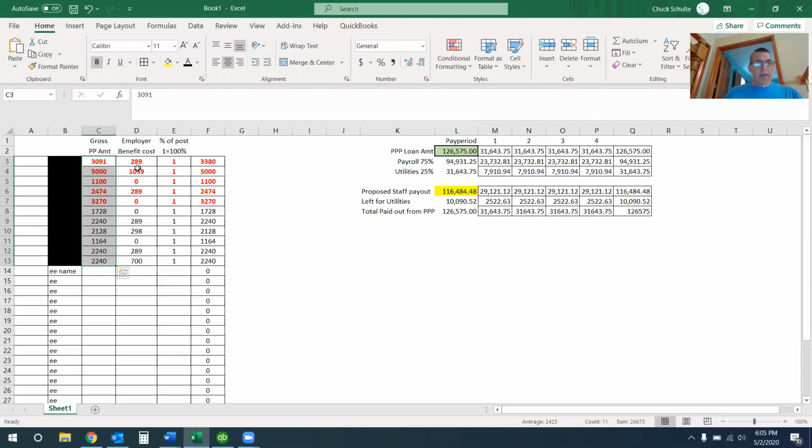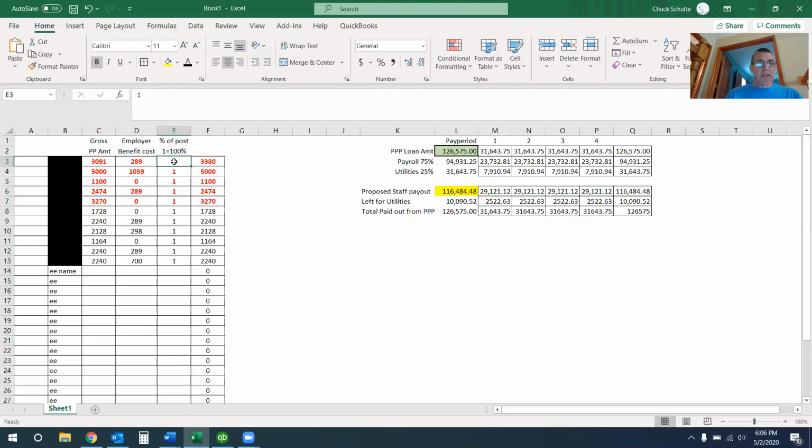This column here is for any employer costs that you pay for them directly related to payroll. In this instance, the only thing I have in here is health insurance benefits, what I have to pay for their share in a single pay period. And then this column here is going to identify whether or not they are actually on the payroll and by how much. As you can see here, 1 equals 100%.